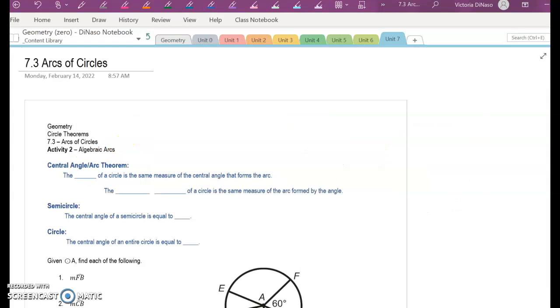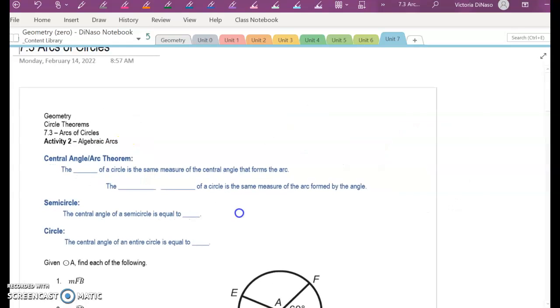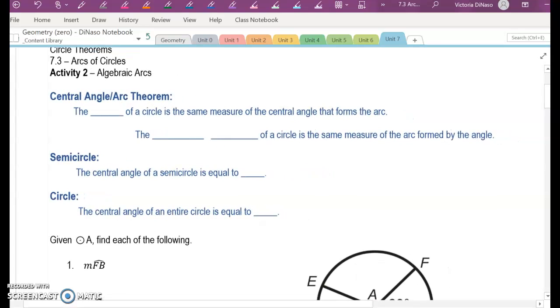So the first theorem that we have is the central angle and arc theorem. It tells us that the arc of a circle is the same measure as the central angle that forms the arc. You can also say that the central angle of a circle is the same measure as the arc formed by the angle.